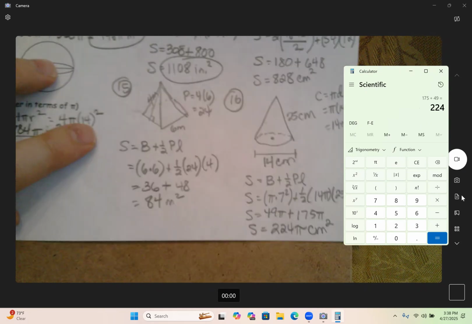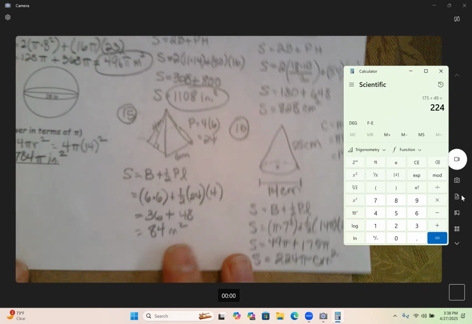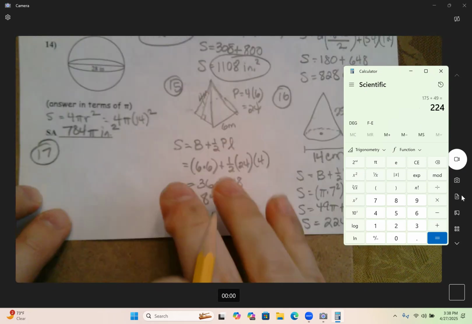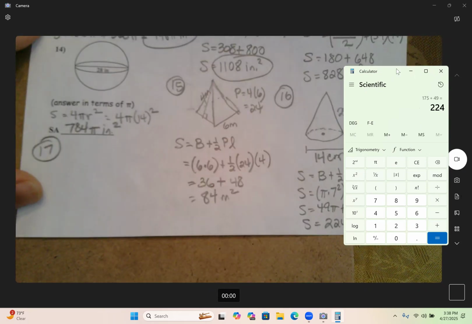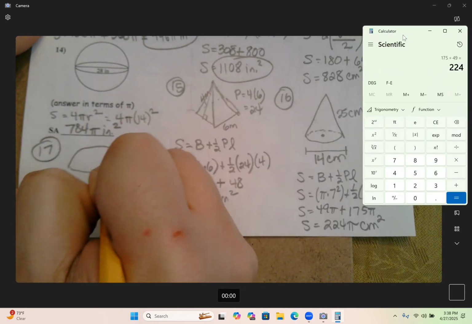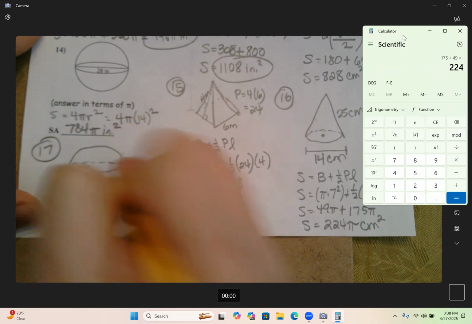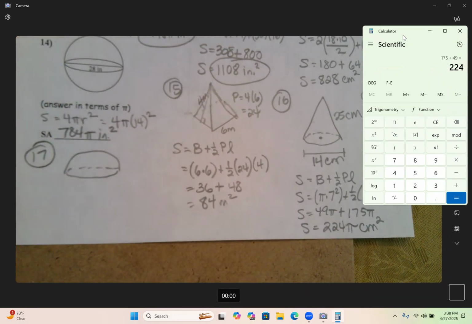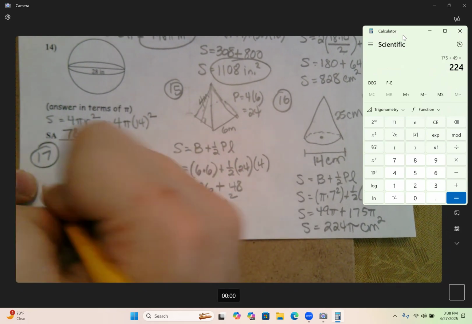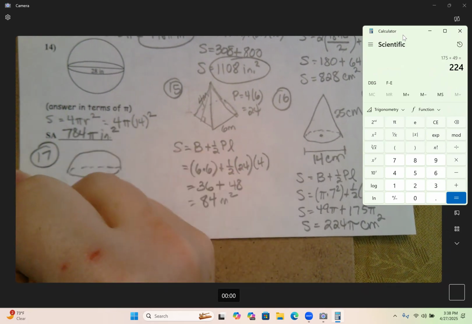All right. And then finally, I'm going to add one more, just in case it appears on your test. We need to talk about the surface area of a hemisphere. So I have half of a sphere. The surface area of a hemisphere is open to interpretation. If it's only talking about the dome part, that would be half of a sphere.